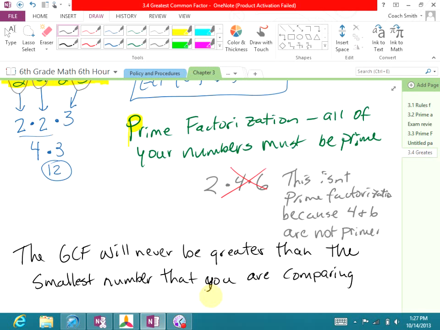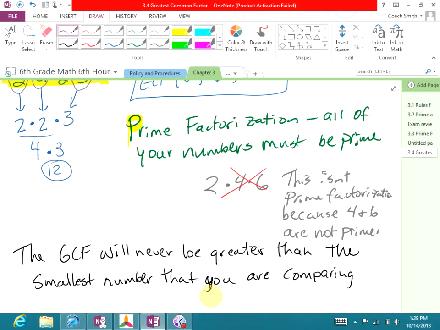Why? Why can the GCF not be any of those numbers I just listed? Brittany, what do you think? Right, but why? Why would that statement be true? Nick? Because it's bigger than the number. Yeah, but why? Explain to me why.